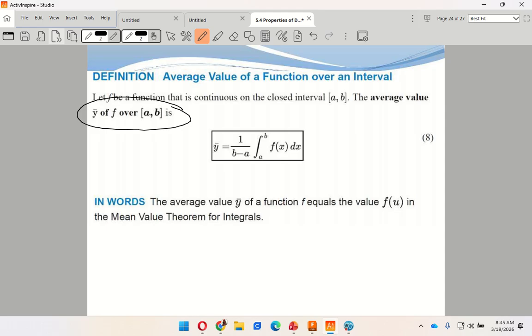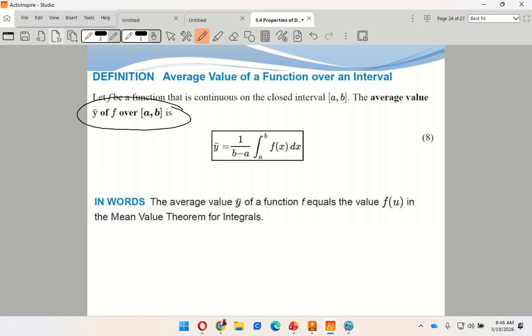Y bar implies that that is the average, the average y value. Make sense?